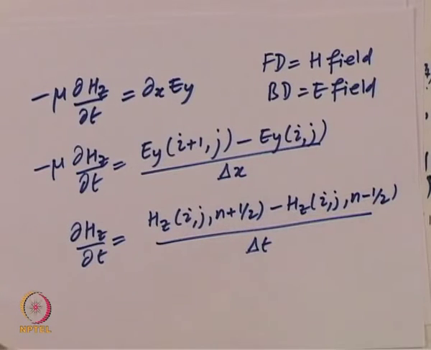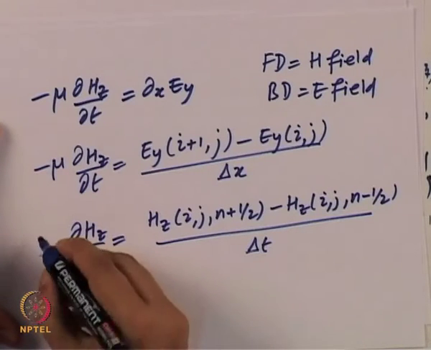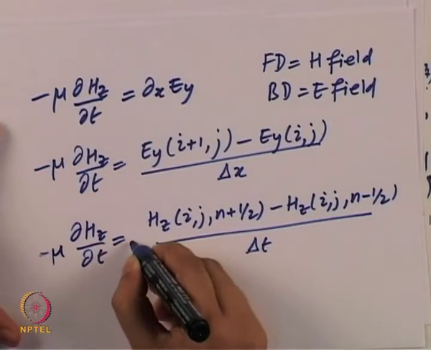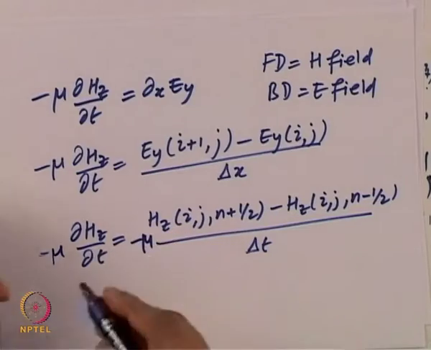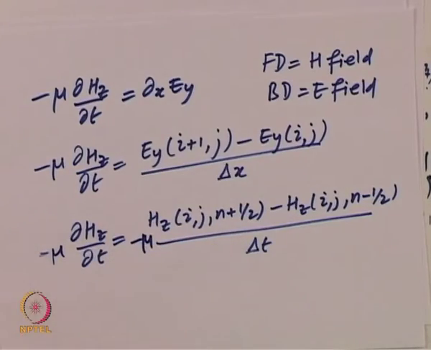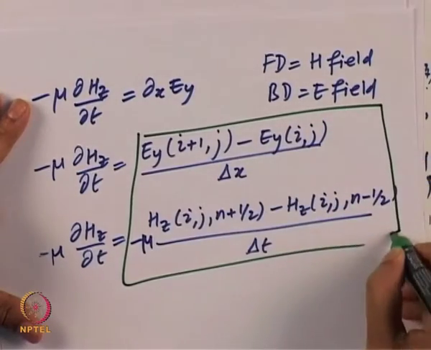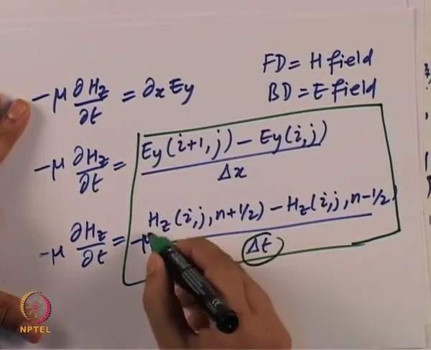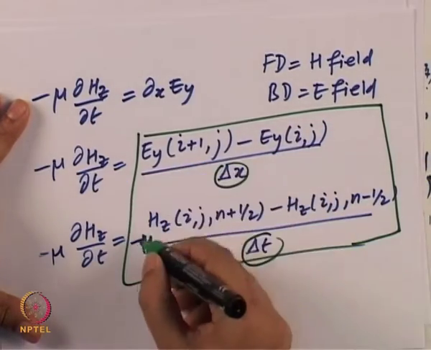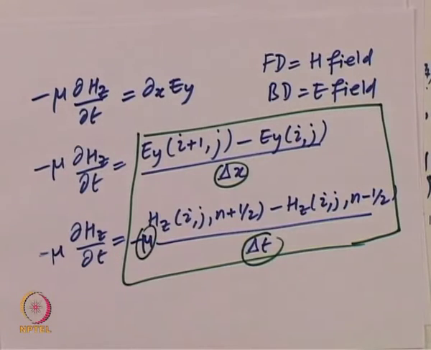So this particular equation, if I have to multiply it with minus mu, this will be minus mu. So this will be one of the equations for one of the curl equations, and these terms that are going to be here are going to be the terms that we are going to use in the AE, AM and AS.